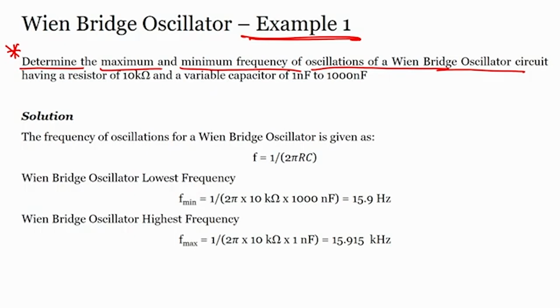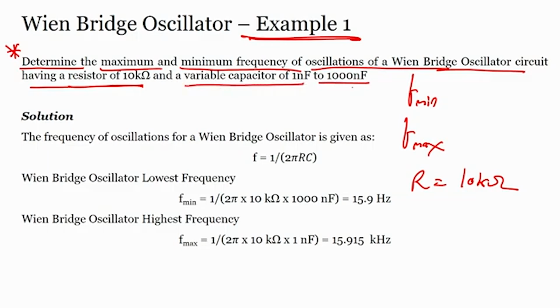We determine f minimum and f maximum, having a resistor of 10 kilo ohm, R is given as 10 kilo ohm, and a variable capacitor of 1 nanofarad to 1000 nanofarad, C equals 1 nanofarad to 1000 nanofarad. If this is the condition given, let us calculate f minimum and f maximum.